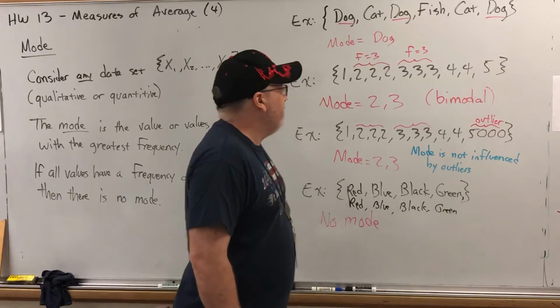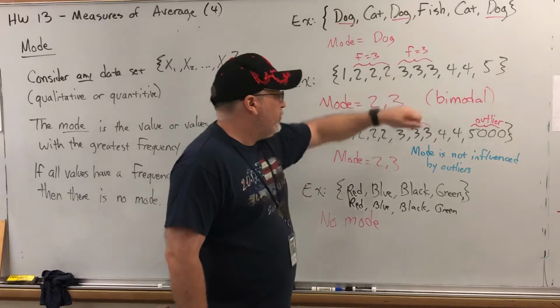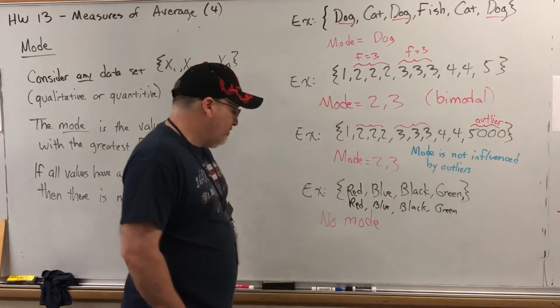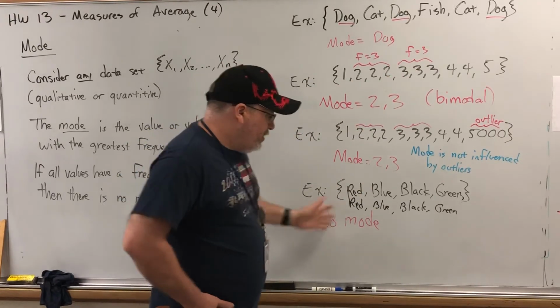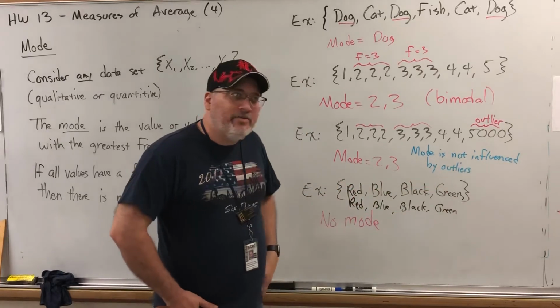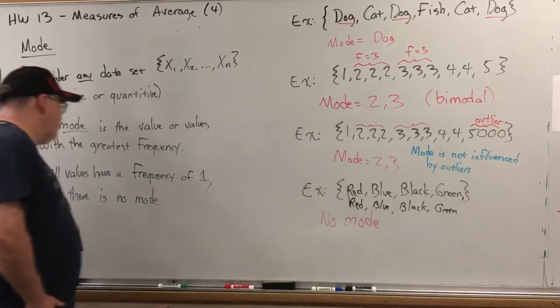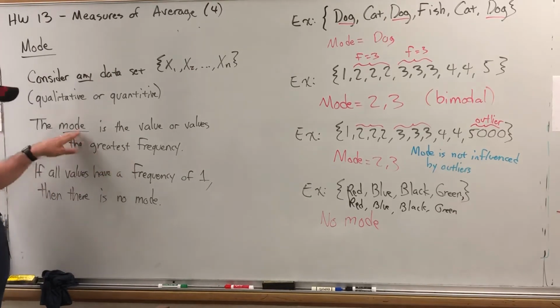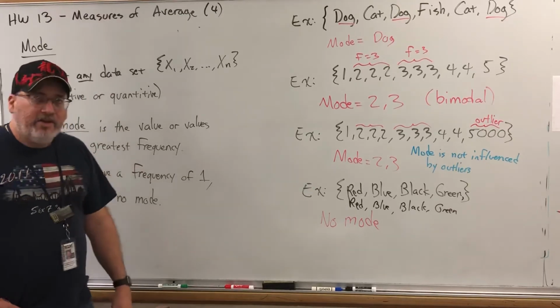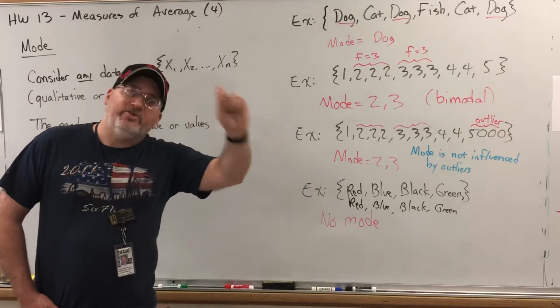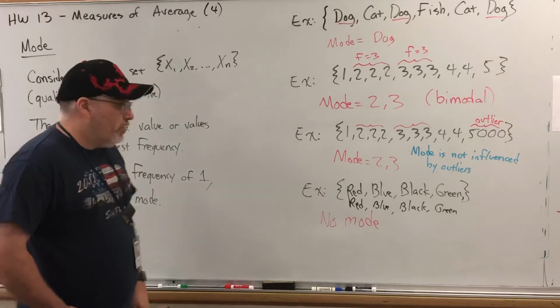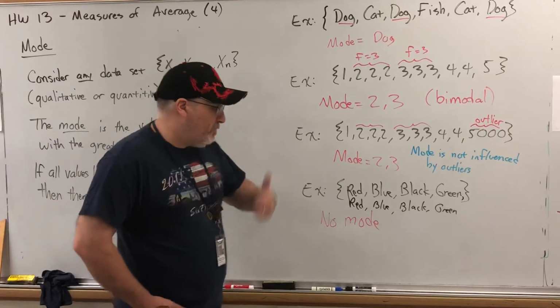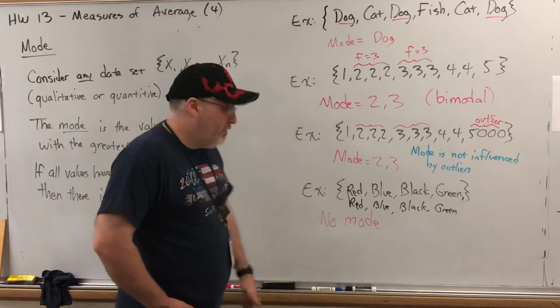Dog is up there more than everybody else. 2 and 3 are in there more than everybody else. Down here, nobody is in here more than anybody else. So in some books, it will actually be another part of the definition that says, not only must the mode have the greatest frequency, it must have a greater frequency than some other value. In other words, you must occur the most, but somebody else must occur less than you.